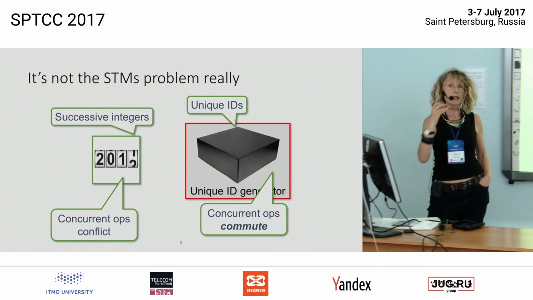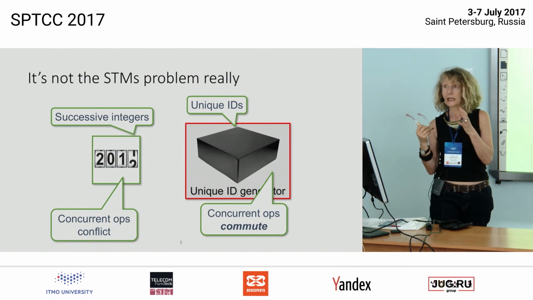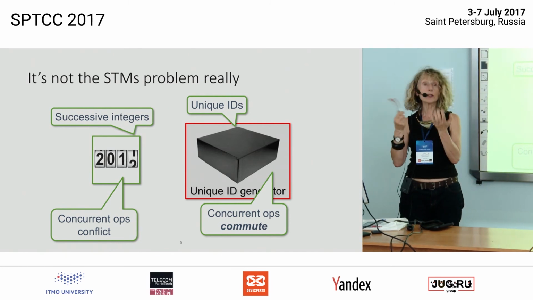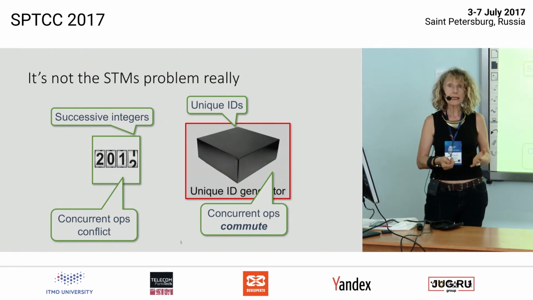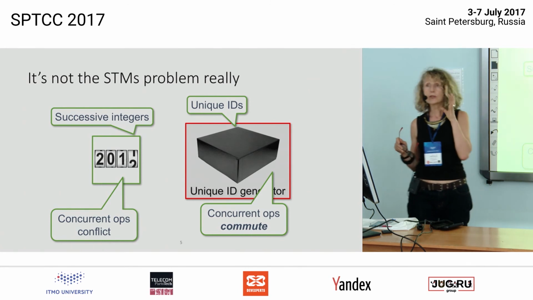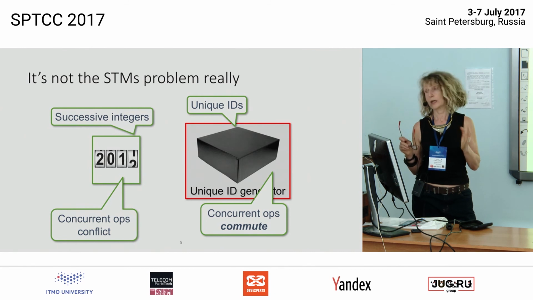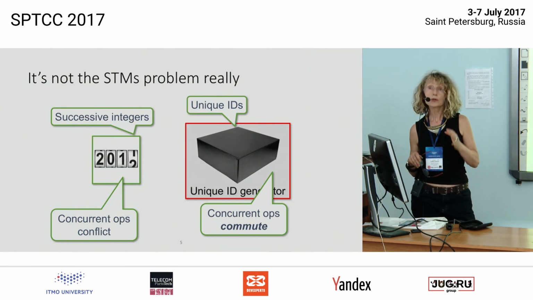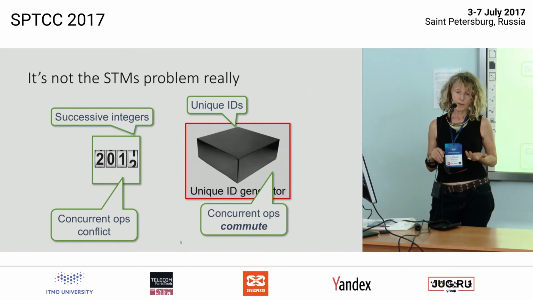So this problem, where the developer understands that certain operations could be done in any order, it's clear to the developer, but the STM doesn't let them complete in any order because there is an underlying read-write conflict. This problem was bothering STM people who develop on STM for a long while, and anybody who studied the history and looked at techniques proposed has seen a variety of proposals.